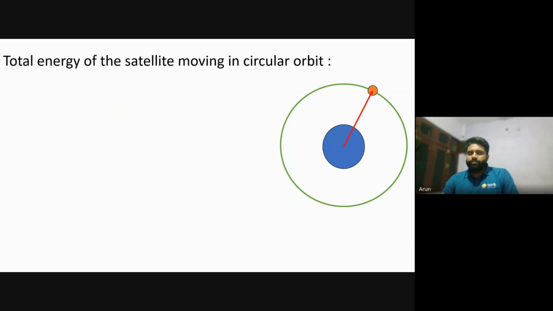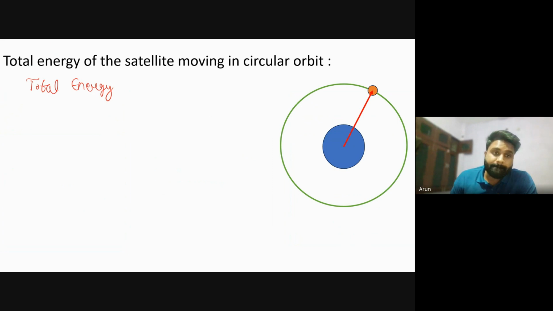the total energy of the satellite moving in the circular orbit. I have derived this expression in the previous lecture, and let me tell you what it was. The total energy is equal to negative G Me m by 2 (Re plus h).